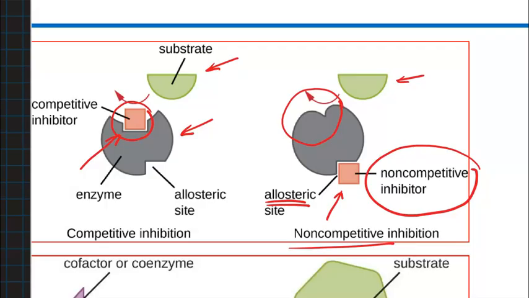I don't know if you've heard about the antibiotic called Bactrim. Bactrim contains two competitive inhibitors of two enzymes that are essential for the production of the metabolite called folic acid in bacteria. And some bacteria develop resistance to that antibiotic by producing an enormous number of enzymes.